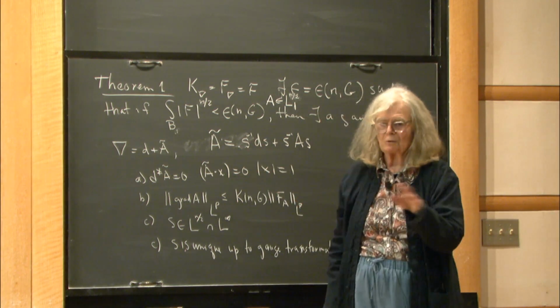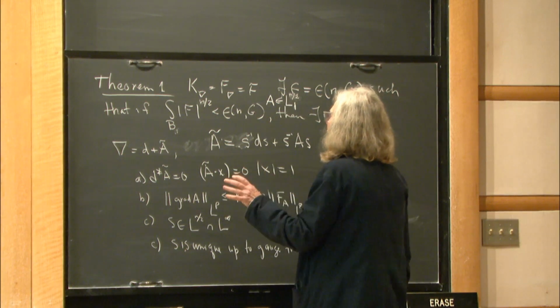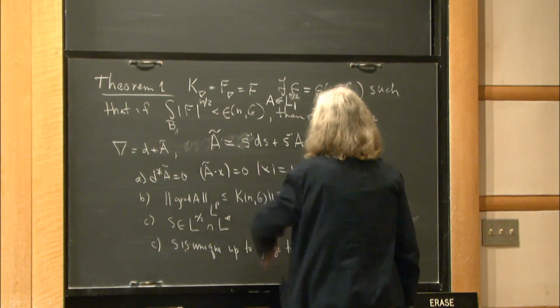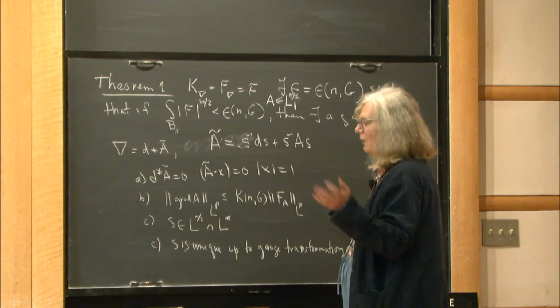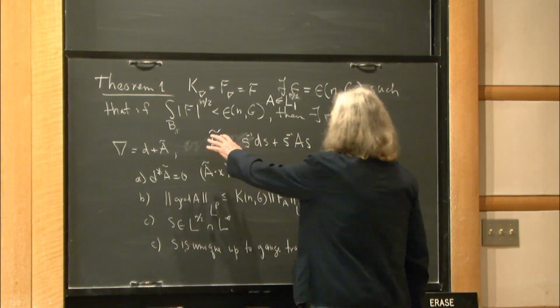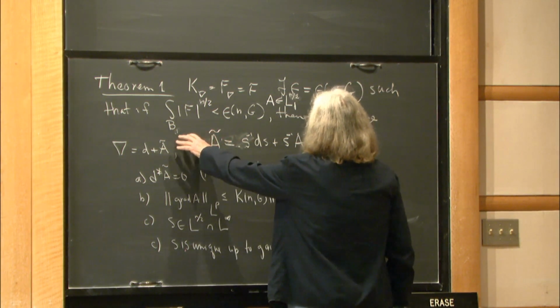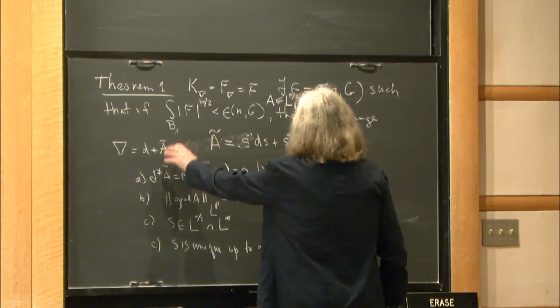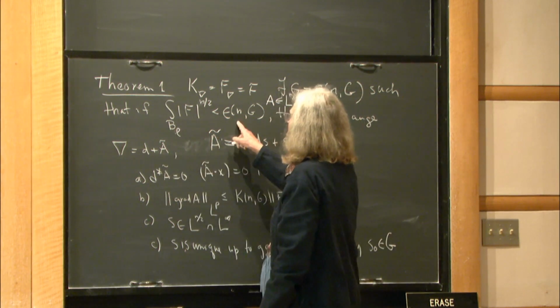There's nothing special to 4 dimensions at all, except that you're not going to get the right estimate on F. So if you're actually minimizing the Yang-Mills functional, or for some other reason you know what F is, then you can say that if F on a ball, any ball actually, is small enough.